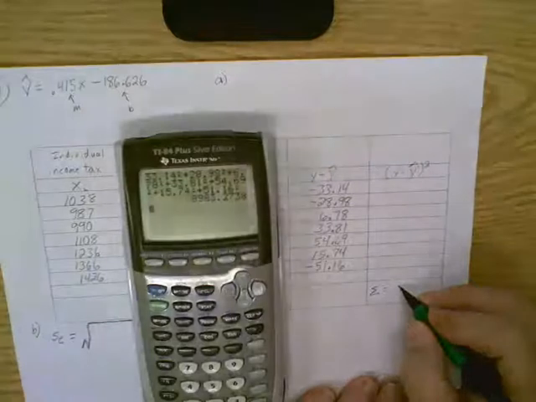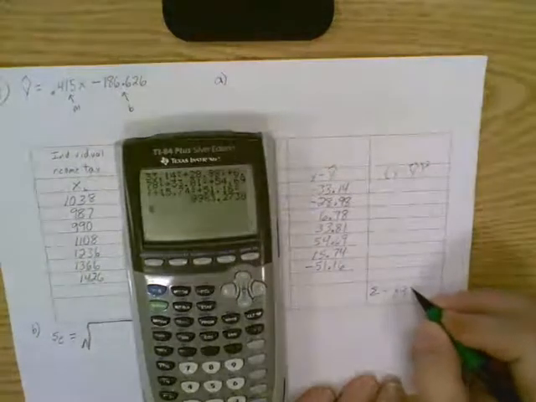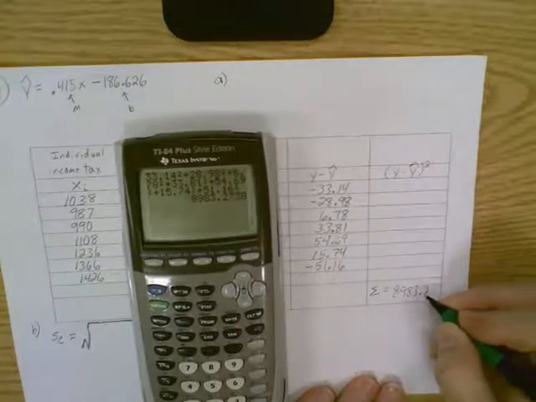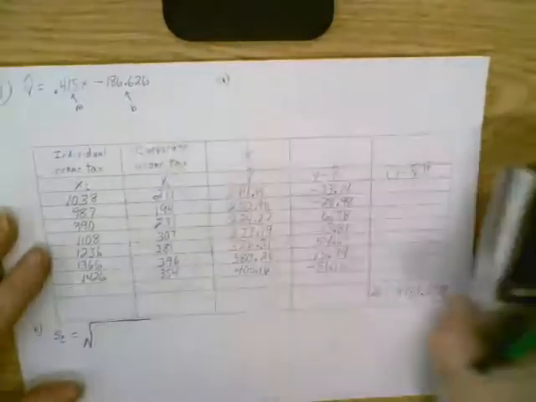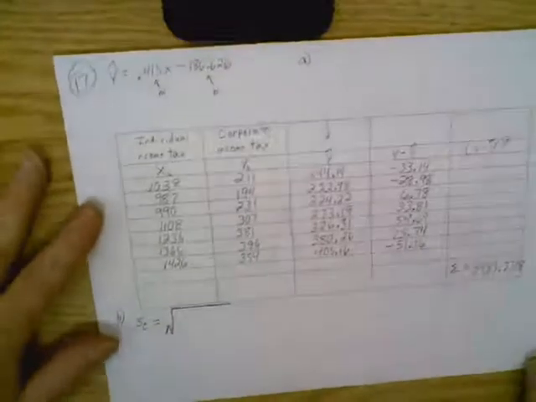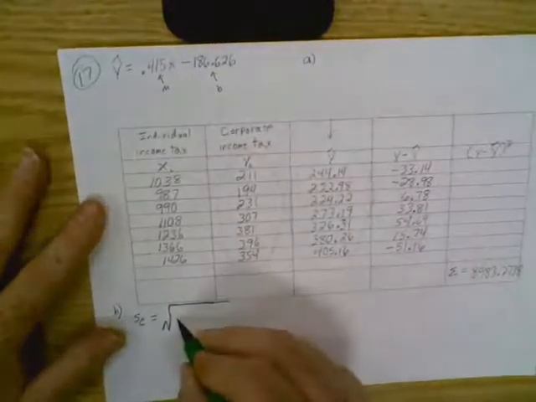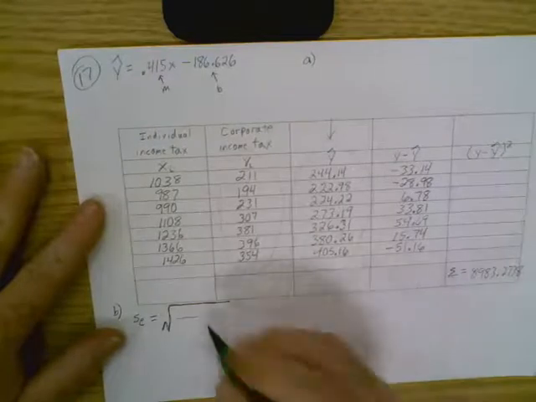So 8,983.2738. I'm not going to round that off, I'm just going to leave it that way. And then we're going to put that into our formula. That's the top part of our standard error of estimate formula.